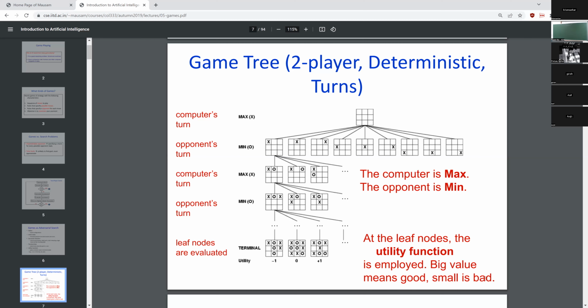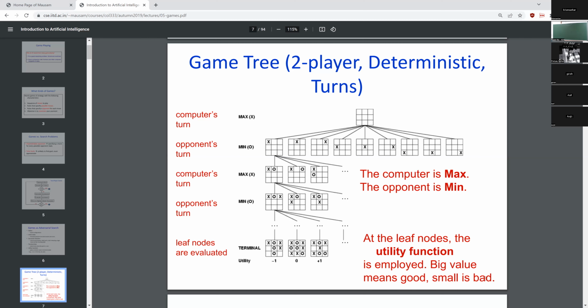I'm just trying to give you a view of the game search space in the form of a game tree. The next question will be, given this game tree, how do we come up with a winning strategy for the AI agent? That's the next question. At that point, we will see how to do search and where to do search, etc. Okay, sir. All right. So this is the search space.